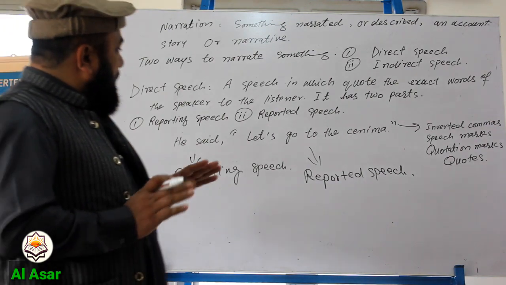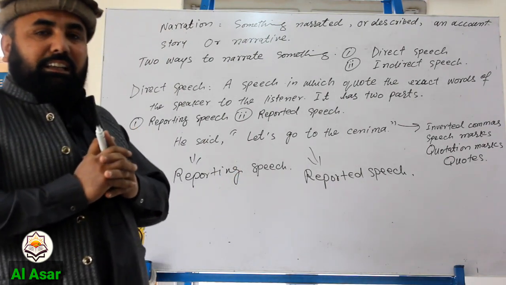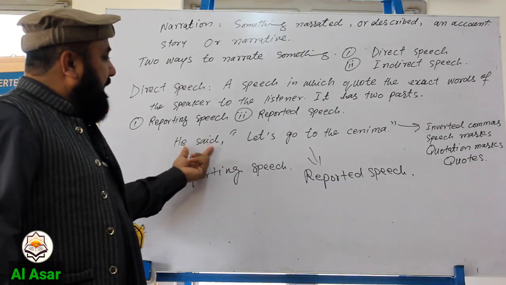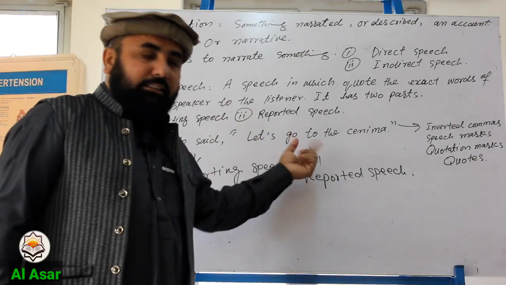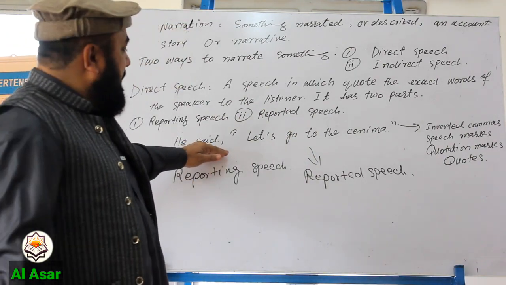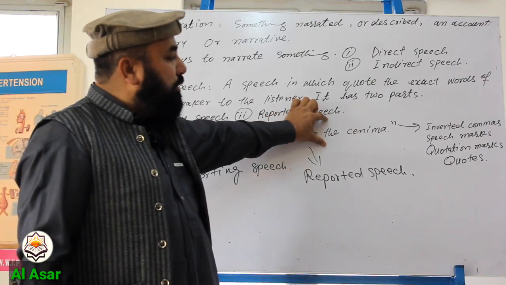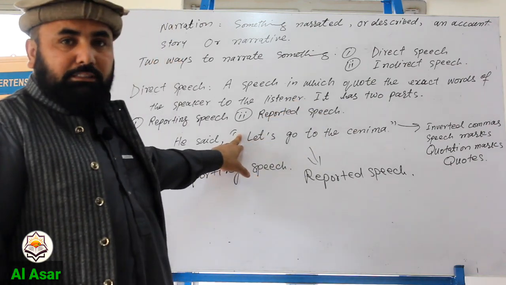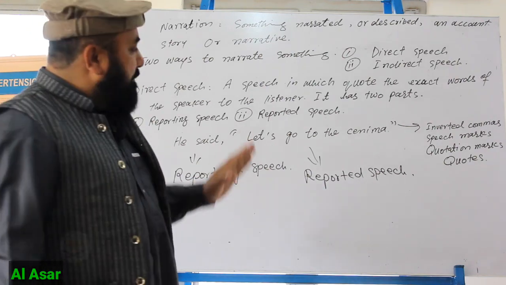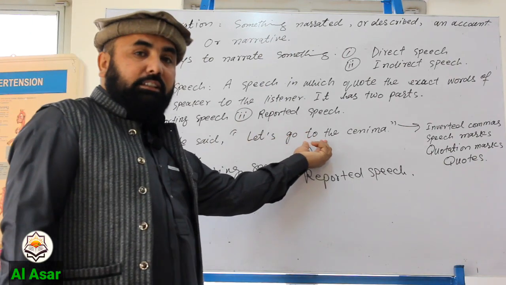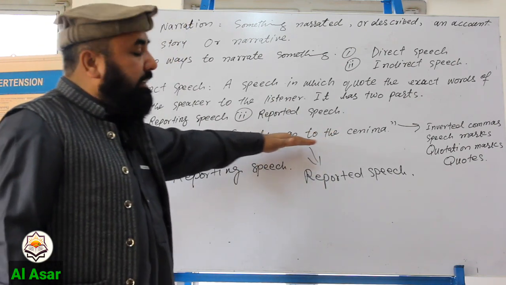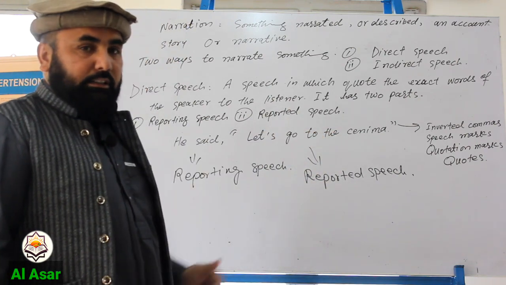So you are to keep this in your mind, that if the reporting speech comes in the beginning of the whole sentence, then we put a comma after the reporting speech and start the reported speech with inverted commas. Then, if this portion is an assertive sentence, as it is here, it is a descriptive sentence.